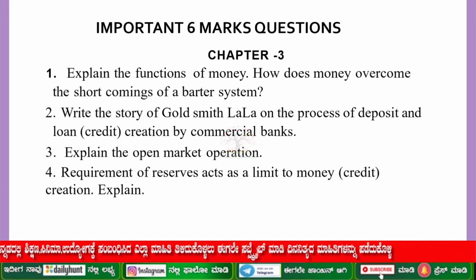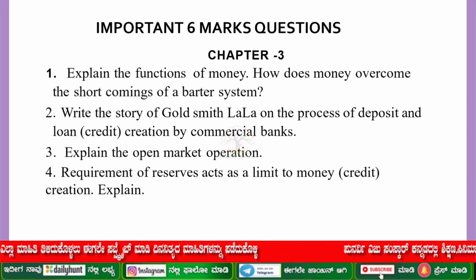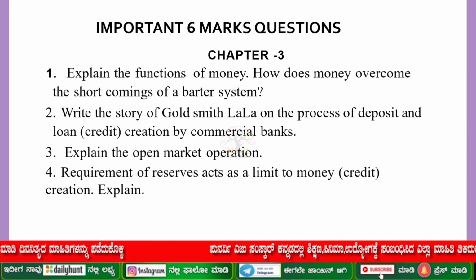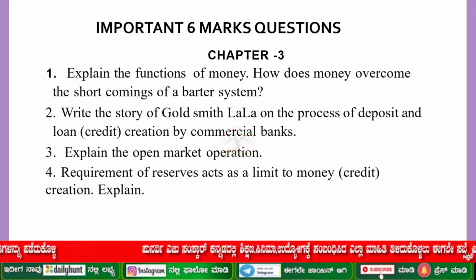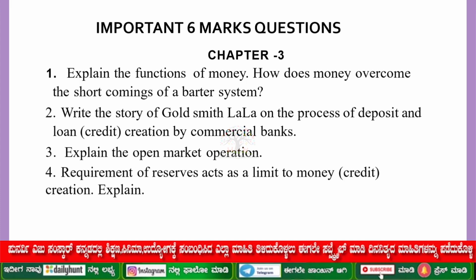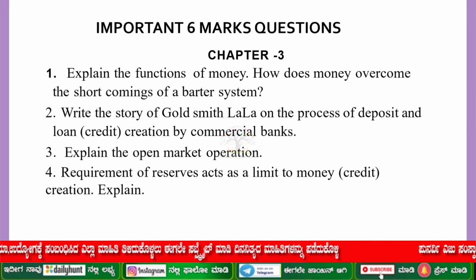And from macroeconomics chapter 3, that is money and banking, you can expect one 6-mark question. There are 4 important questions. First one is money: explain the functions of money. How does money overcome the shortcomings of the barter system?